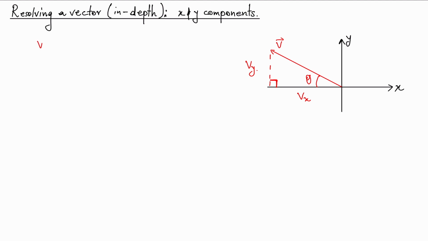We can immediately say v sub x is going to be the magnitude of vector v, remember, the hypotenuse, times the cosine of our angle theta, and the y component, v sub y, is going to be the magnitude of vector v, which is the hypotenuse of this triangle, times sine theta. So this is how we found the components of vector v.